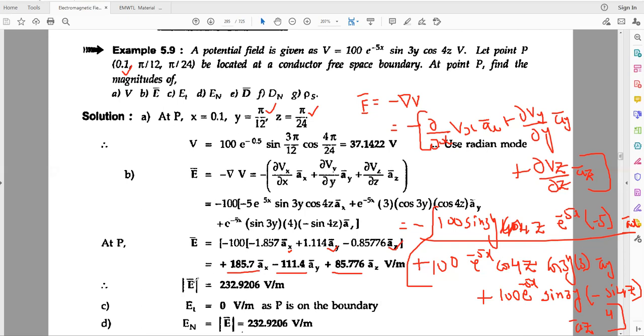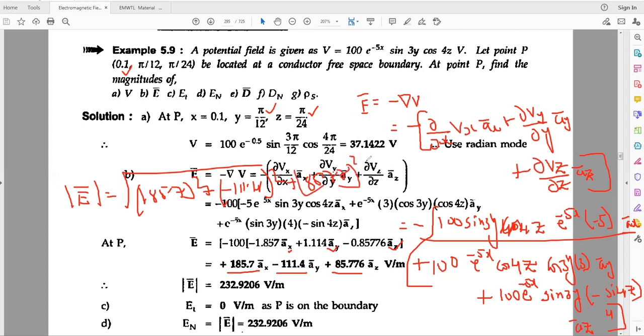And its magnitude: the magnitude of E bar is equal to the square root of the Ax bar coefficient squared, 185.7 whole square, plus minus 111.4 whole square, plus 85.77 whole square.